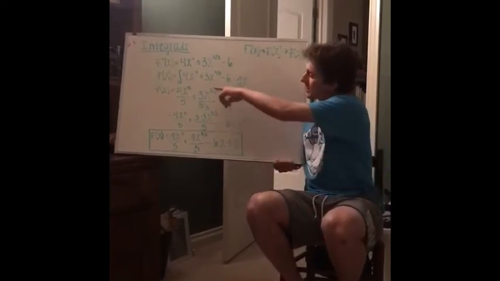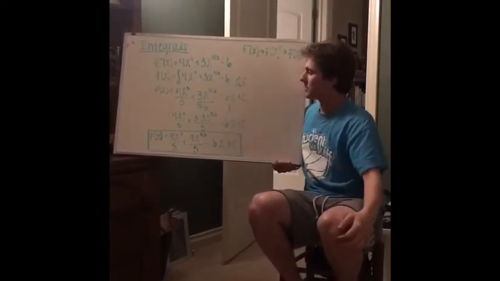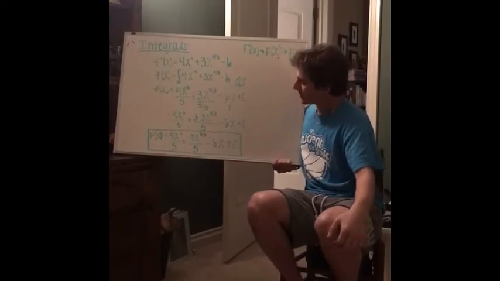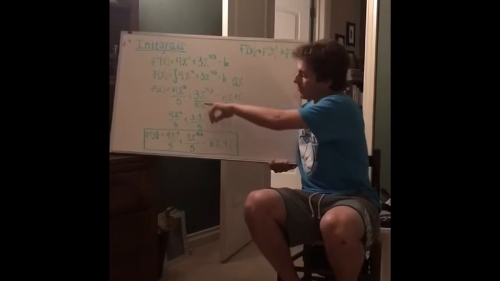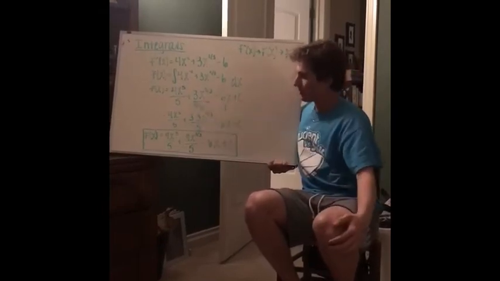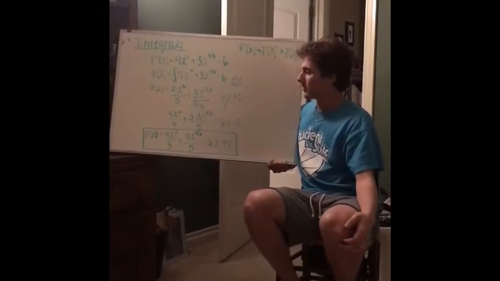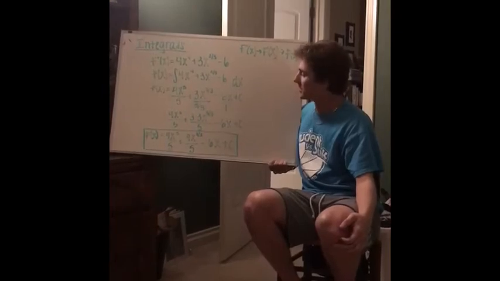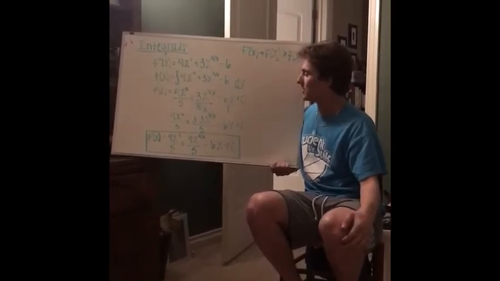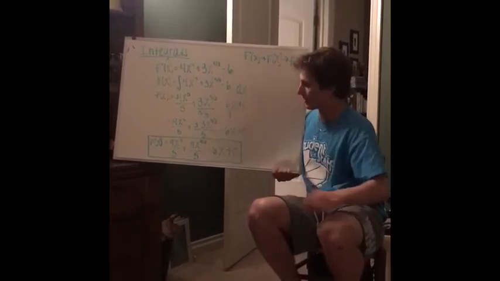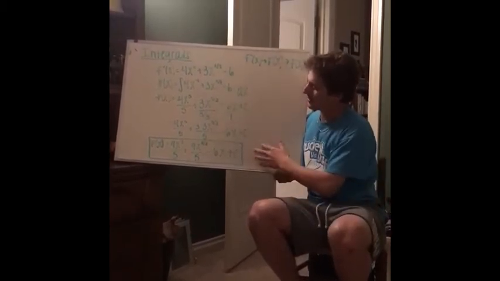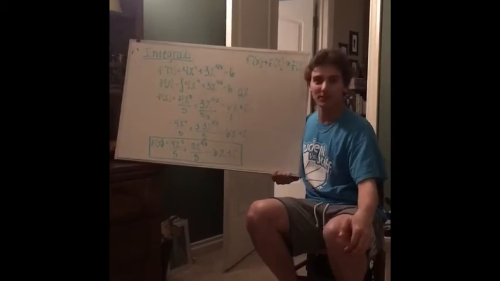So we're going to be integrating, and when you integrate, you have to have the dx here. And when you do integrate, you're going to add 1 to the exponent and then divide by the new exponent. So once we do that, we're going to get 4x to the 5th over 5 plus 3x to the 5/3 over 5/3 minus 6x over 1 plus c, and c is the constant. So you have to go from dx to c when you integrate. And that is the f of x equation.